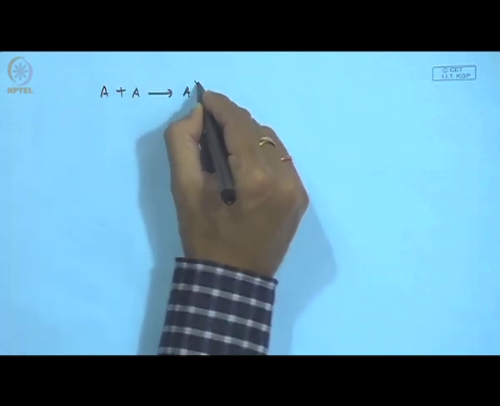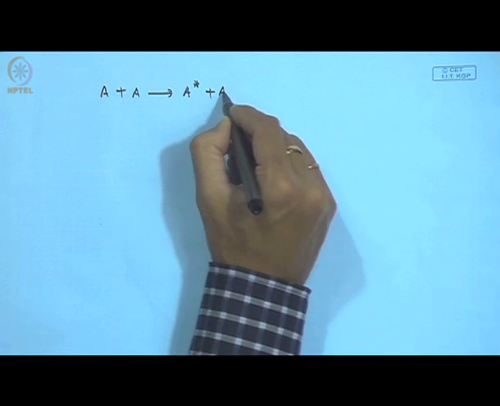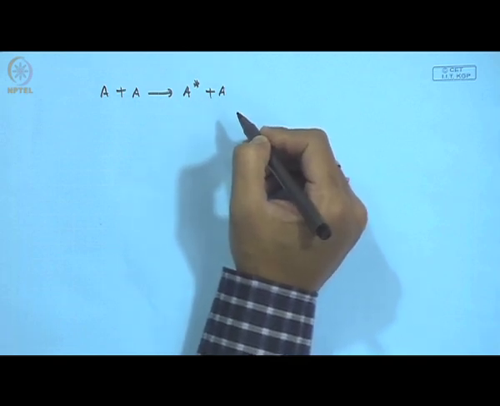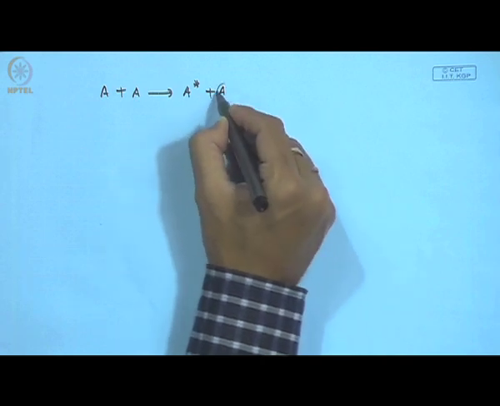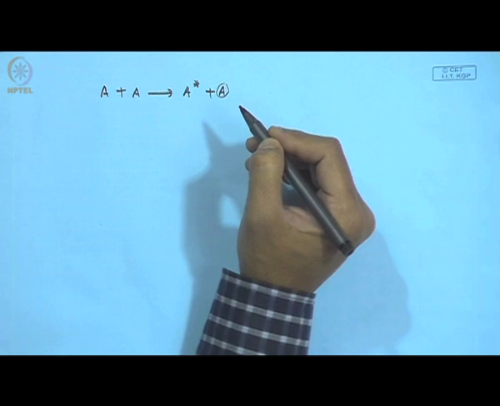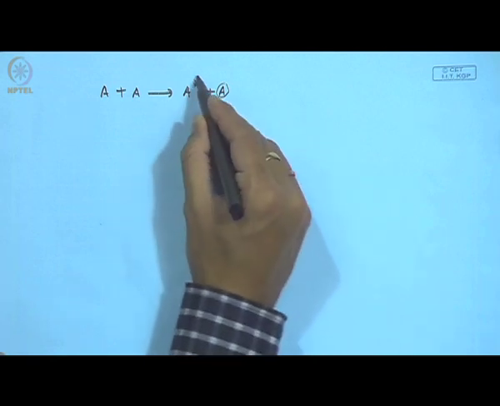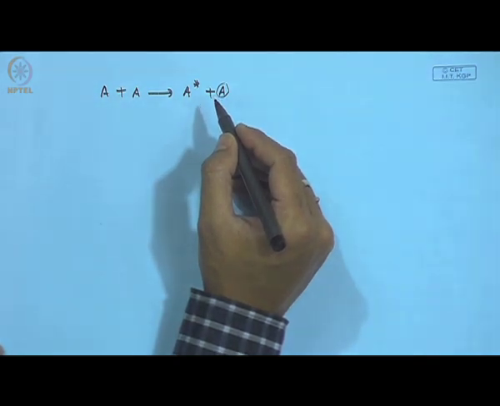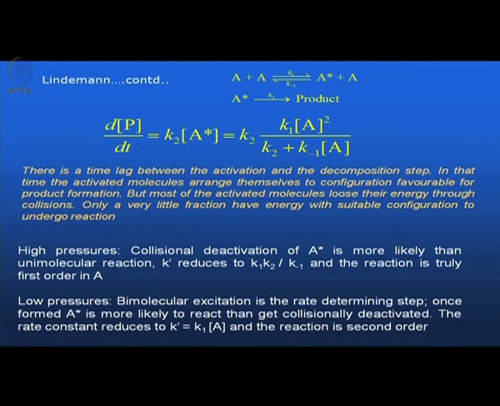So, these activated molecules, most of them lose their energy through further collision, maybe collision with a second A molecule, but only a very small fraction of this overall A star has energy with suitable configuration to undergo reaction giving rise to product.